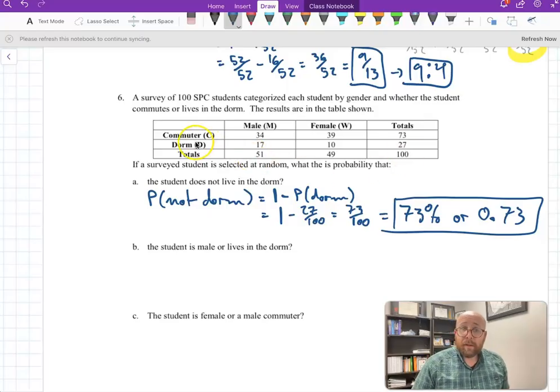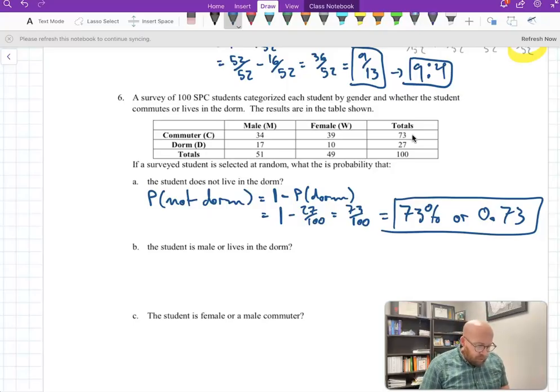Given that our only other category was that they were a commuter, that makes sense, because the total number of commuters in the survey is 73.